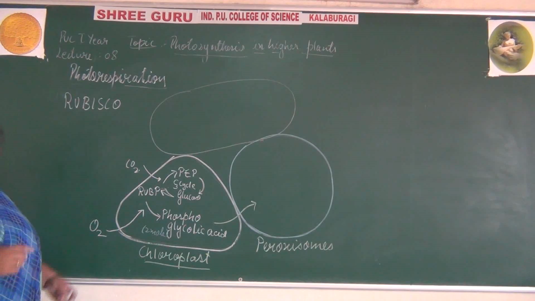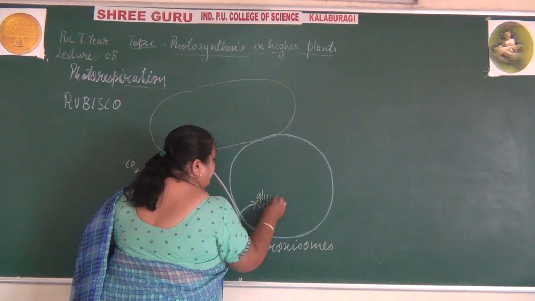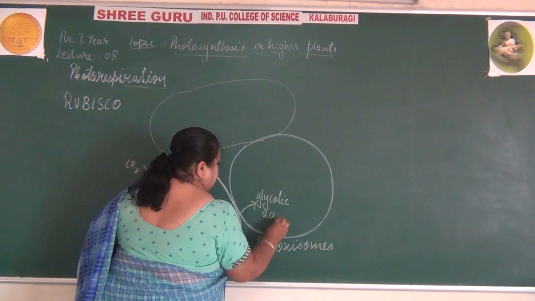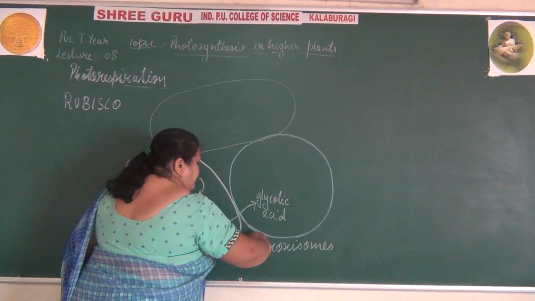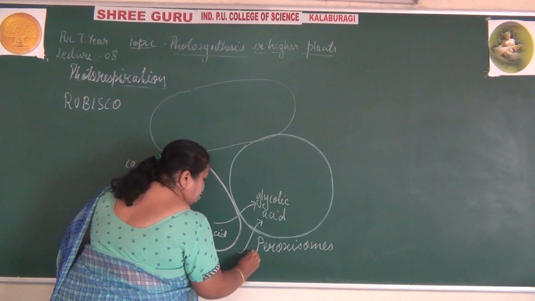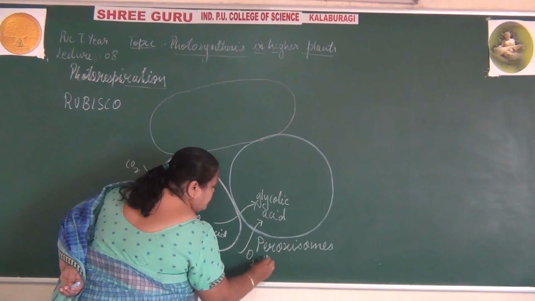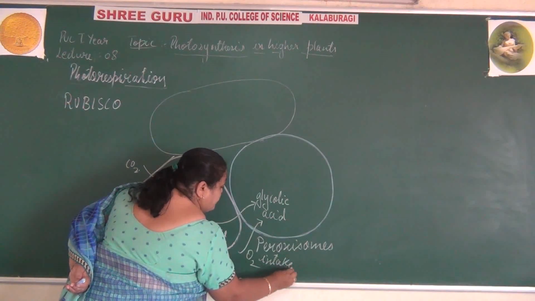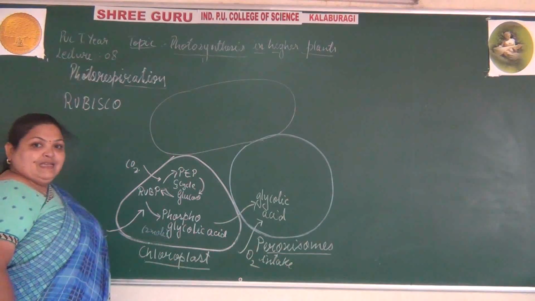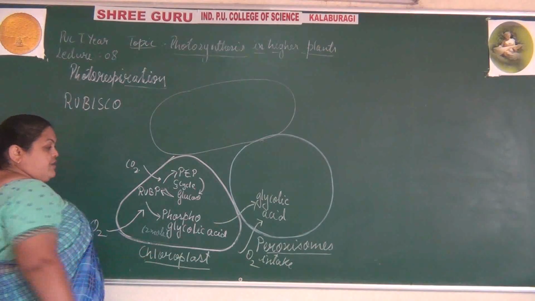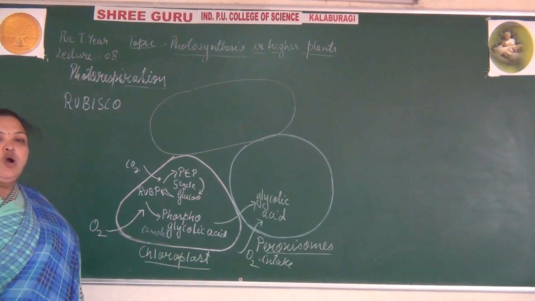Phosphoglycolic acid enters into the peroxisomes as glycolic acid. There again it undergoes oxidation. That means there is intake of oxygen in the peroxisomes, where the phosphoglycolic acid produced in the chloroplast undergoes oxidation.